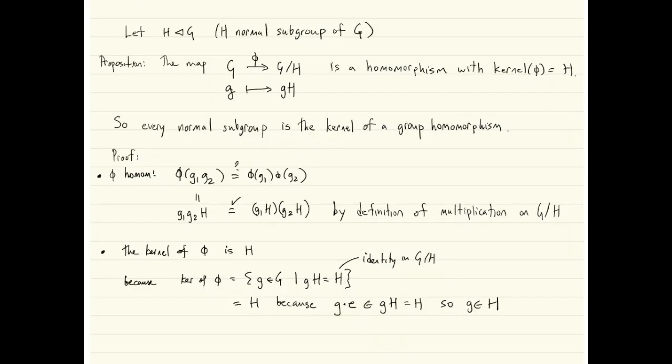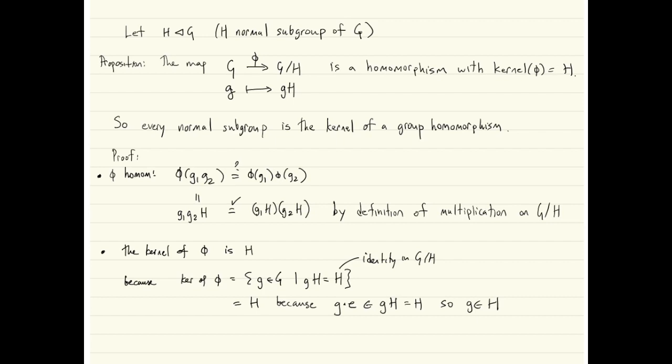Finally, let's prove the following fact, which says, let H be a normal subgroup of a group G. Then the map given by G to G mod H, sending an element g of our group to the coset gH, is a homomorphism with kernel equal to H. The point of this theorem is saying that every normal subgroup is the kernel of some group homomorphism.